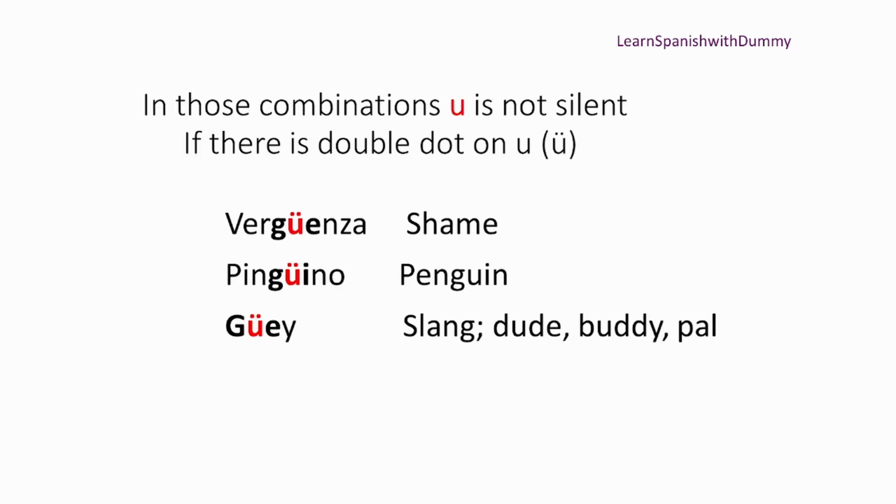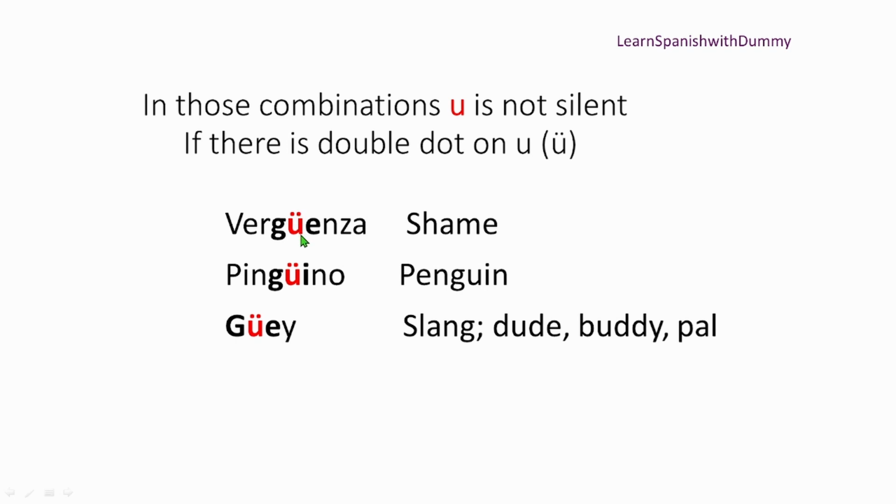And let's see here, we got some more rules. In those combinations, U is not silent. Now this is another exception. If there is a double dot on U, right? This rule says that when there are GUI, GUE combinations, U is silent. But even if those combinations are present, if you got a double dot over there, then we are going to forget that rule and U will be pronounced.